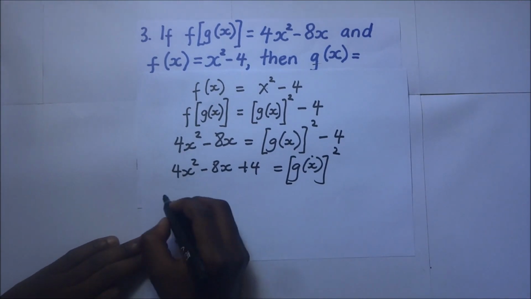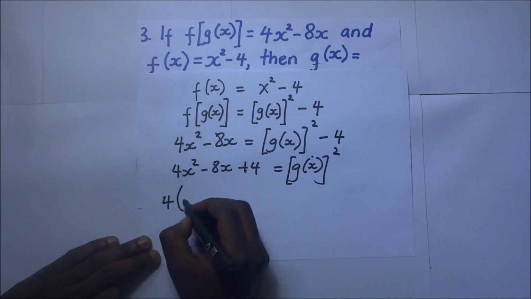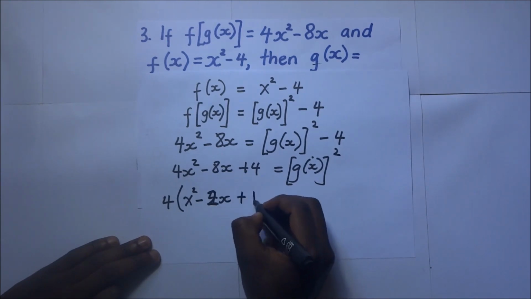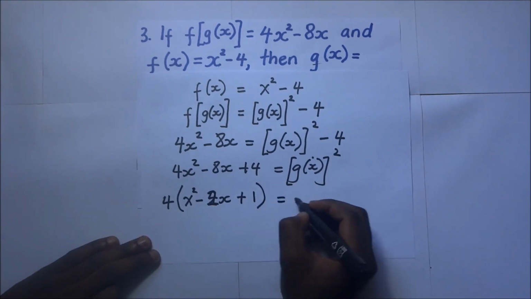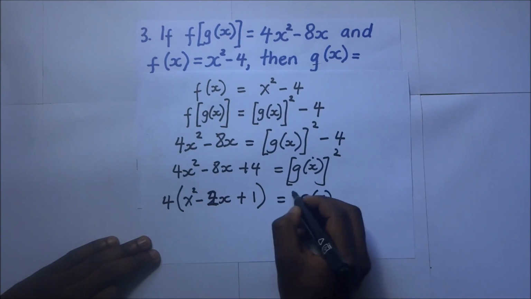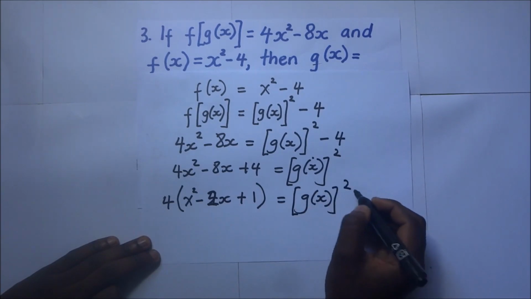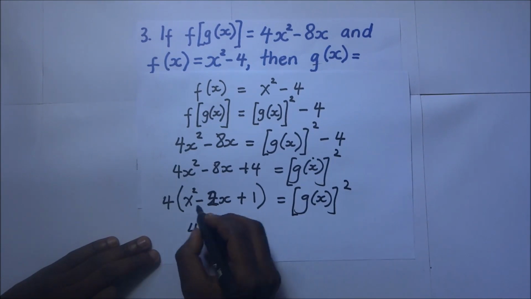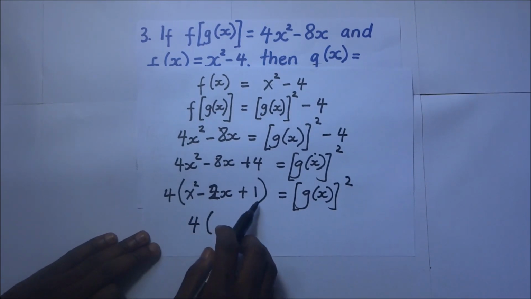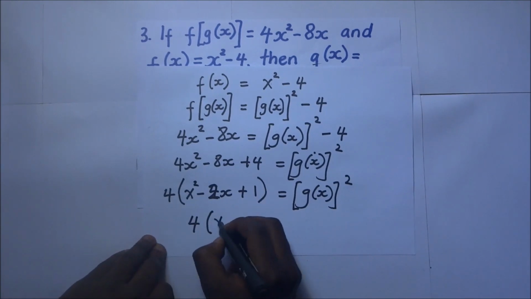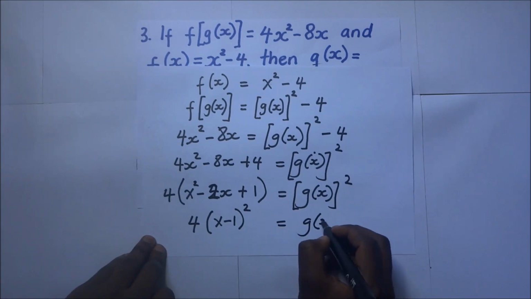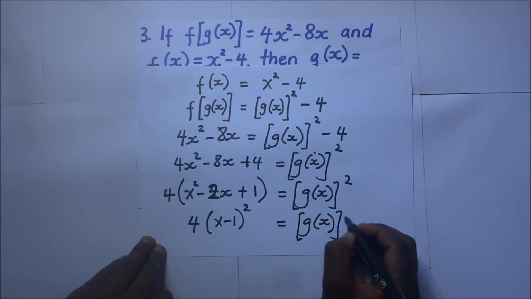So factorizing this becomes 4 outside the brackets into x squared minus 4x minus 2x plus 1 is giving us g of x, and this whole thing is to the power 2. So this continues to be 4 into, factorizing this quadratic expression is going to give us x minus 1 squared, is giving us g of x, and this whole thing is squared.